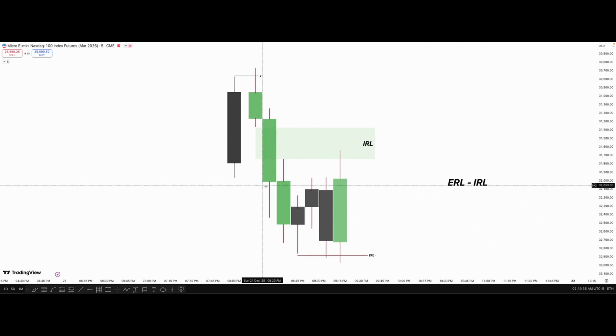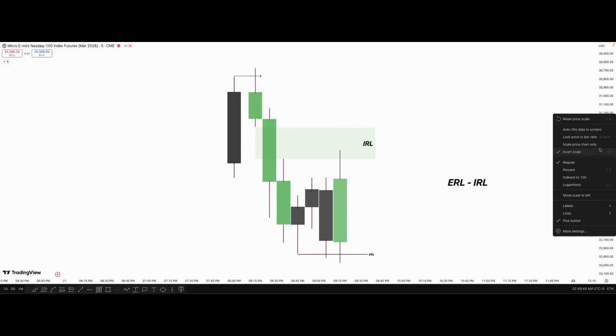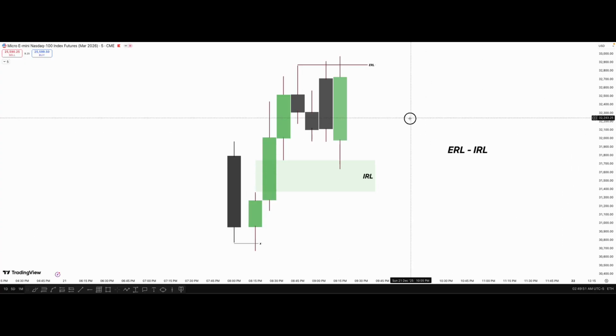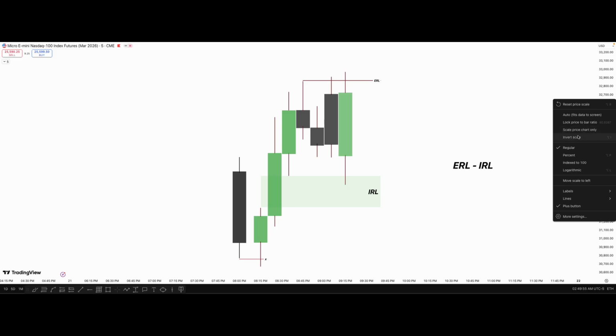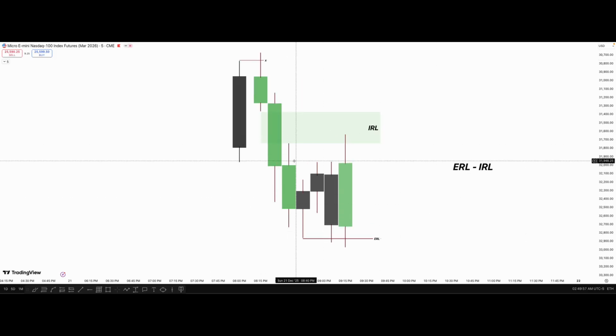When the price distributes lower or any of that sort, the price creates an external liquidity, right? See, when the expansion happens, for the bearish case, it will create an internal range liquidity.